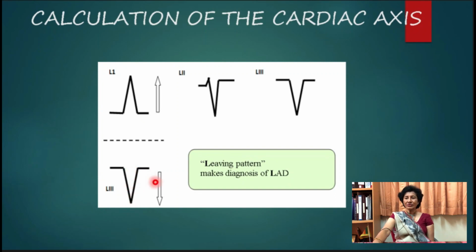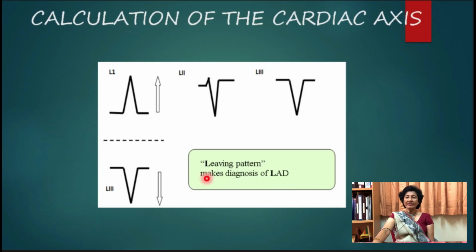Therefore these two vectors have leave-in pattern. In the presence of negative polarity in lead 2, if there is leave-in pattern of QRS vectors in lead 1 and lead 3, you can make the diagnosis of LAD, left axis deviation.